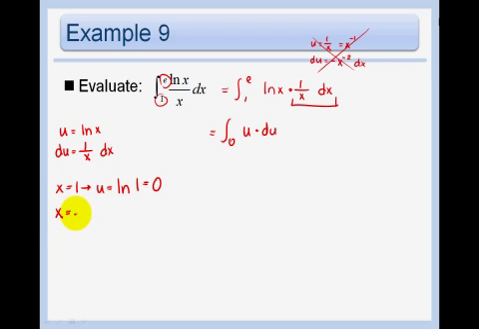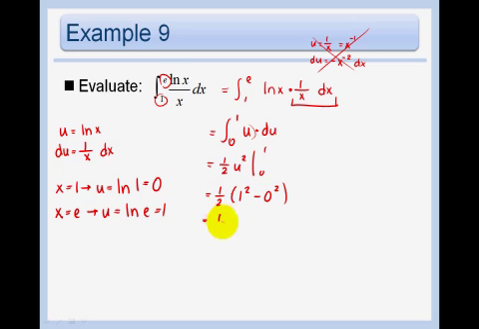If x equals e, then u equals ln of e, which is just 1. So this problem, which looked difficult, becomes one of the easiest ones we've done. The antiderivative of u is just u squared over 2. Done.